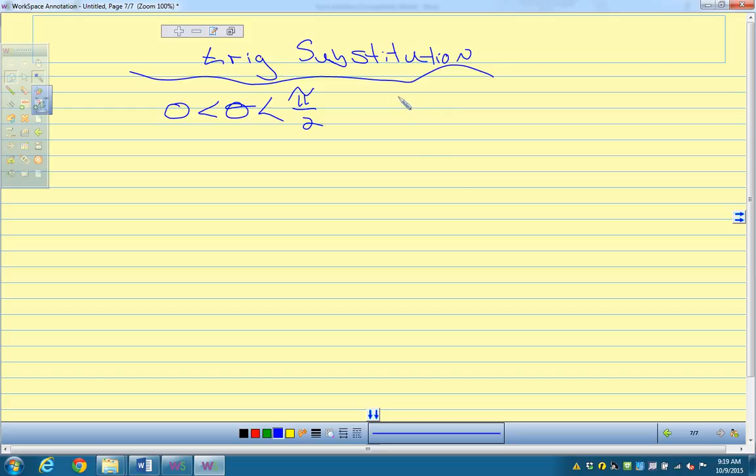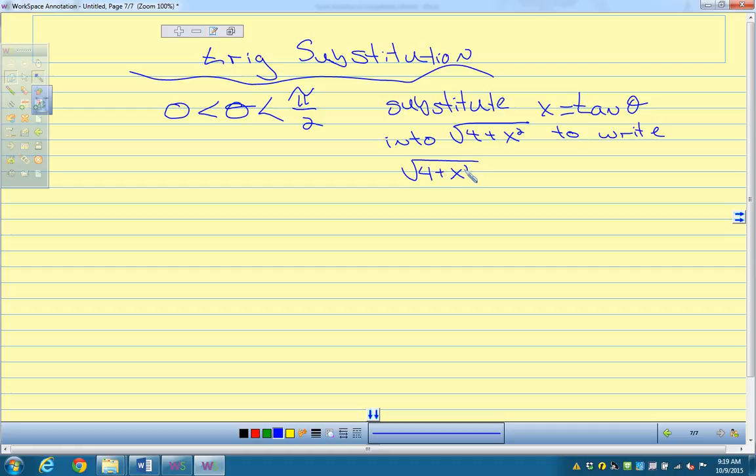And they say substitute x equals 2 tan theta into the square root of 4 plus x squared to write the square root of 4 plus x squared as a function of theta.